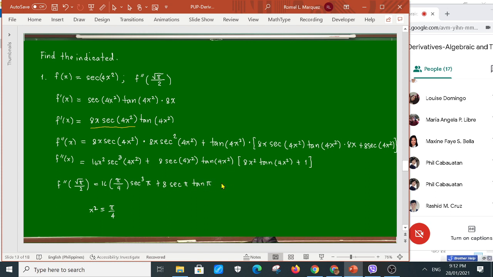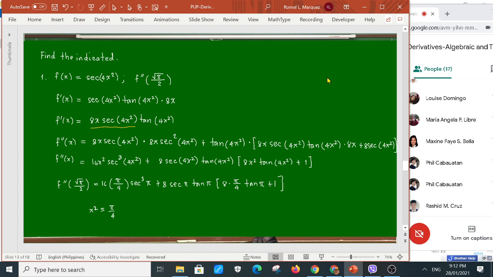Kasi 4 times, times 8 times pi over 4, plus tangent of pi plus 1. Ano bang secant ng pi, guys? Secant ng 180 degrees. Anong cosine ng pi, ng 180 degrees?